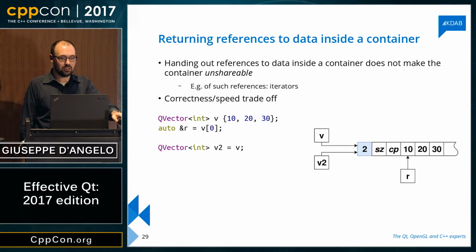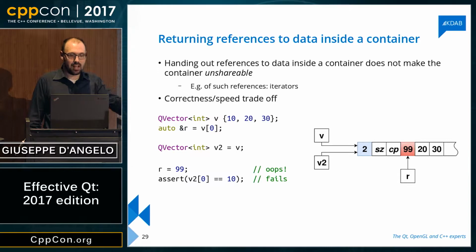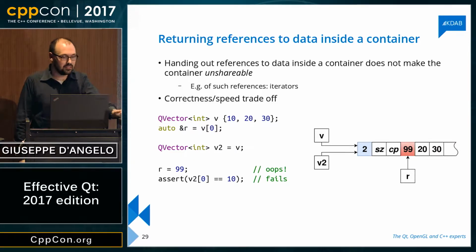That's because I took the reference r before getting the second copy v2. So what happens now if I modify the container through the r reference? Well, that's going to affect both containers, so the situation will end up like this. By modifying r, a reference into v, I modified v2, a container which should be a complete copy of v, right? That's not the case.